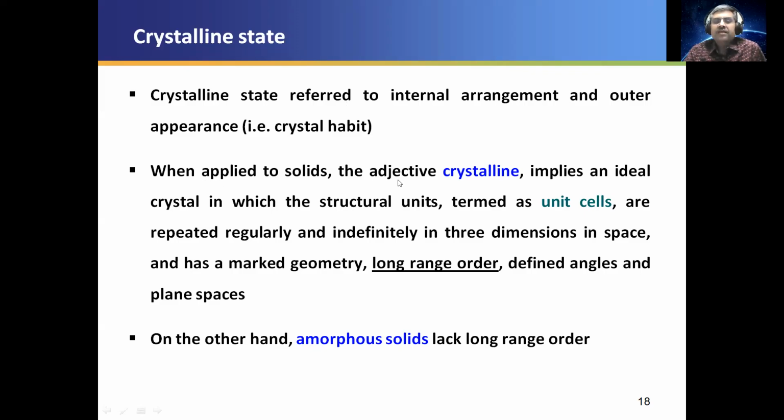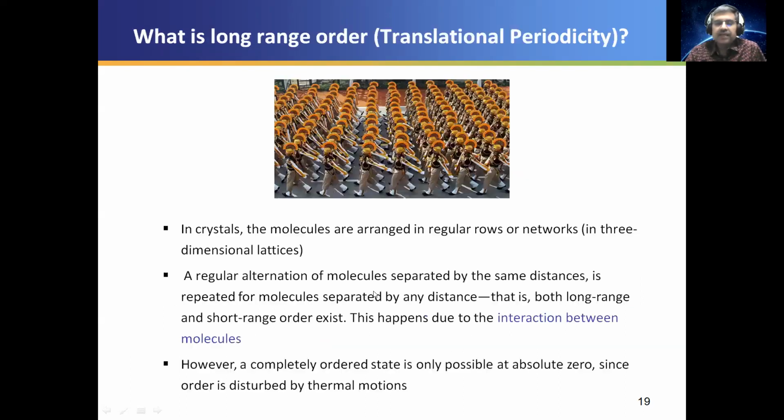When applied to a solid, the adjective crystalline implies an ideal crystal in which the structural units, termed unit cells, are repeated regularly and indefinitely in 3 dimensions in space, and they have a marked geometry, long range order, defined angles, and plane spaces. On the other hand, amorphous solids lack long range order. Obviously, we are going to look at these aspects in more detail in the subsequent slides.